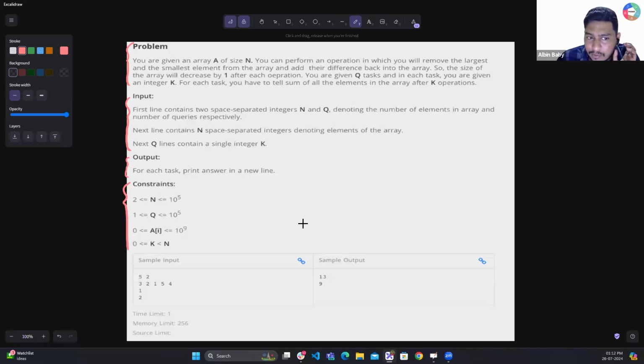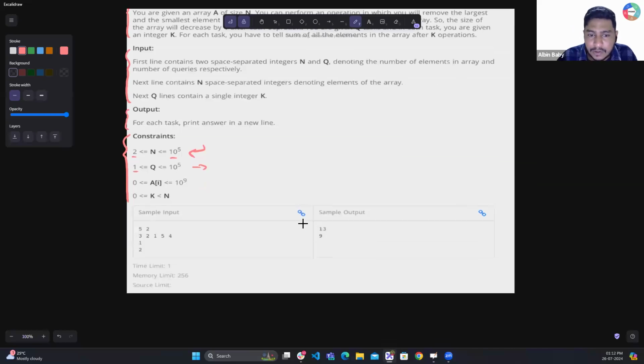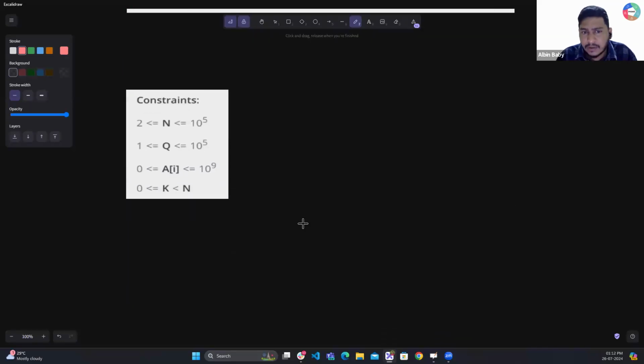Basically, you'll see N, Q, A[i], and K, and all those things will be explained to you. It is telling you that the value of N can be between 2 and 10 to the power 5, and the value of Q can be between 1 and 10 to the power 5. So if I give you an example, let's say you have been given an array or some data structure.